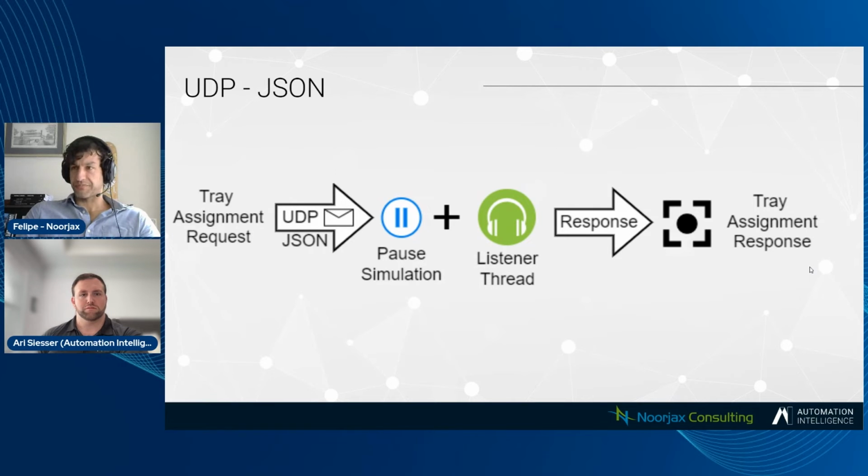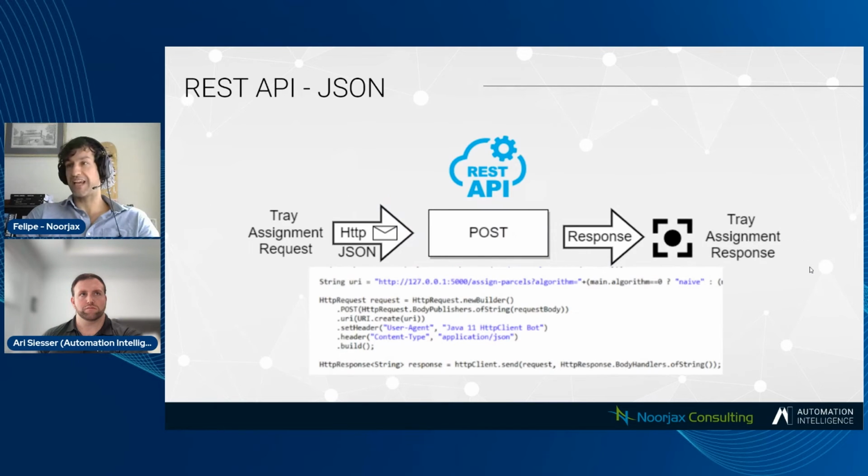But even though UDP is great, we found a better way to do this through the REST API, which uses TCP/IP as a protocol, and this ensures that you will get a response from the server.